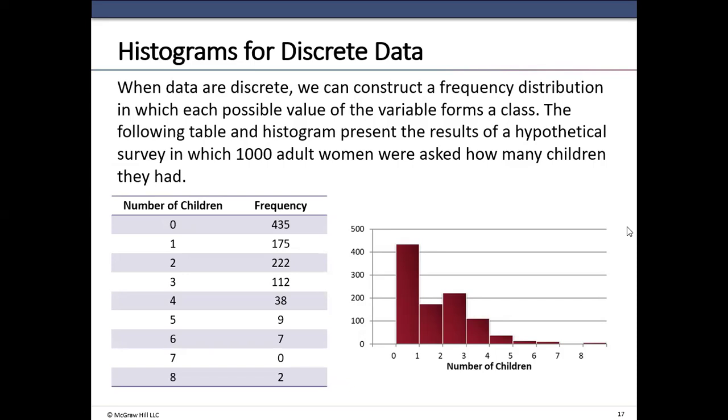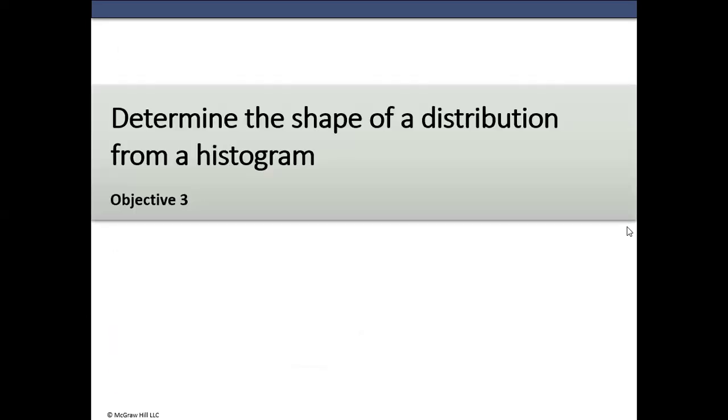So 0 is the midpoint on the horizontal axis of the first bar with a height of 435, because the count is 435 in that class. Then 1 is the midpoint of the second bar, and its height is 175 as shown in the table, and so forth.